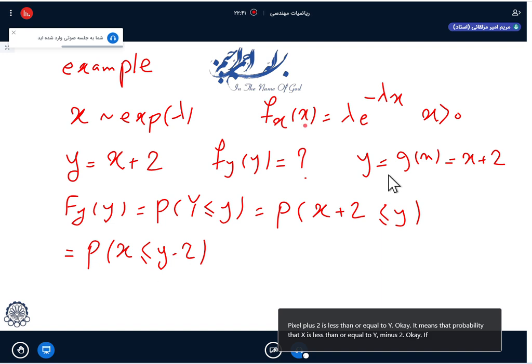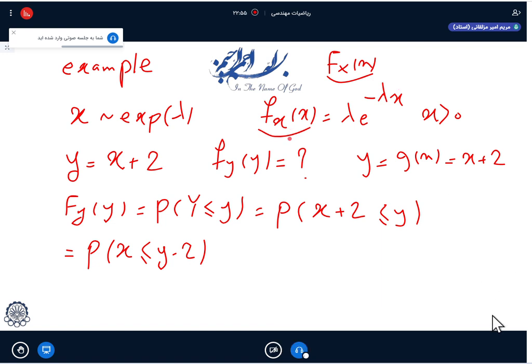If we have the PDF of x, we can also compute the CDF of x. When we have the PDF, we also have the CDF because the CDF is an integral of the PDF function. We now want the probability that x is less than or equal to y minus 2. We know that the CDF function at every point means the probability that a random variable is less than or equal to that value.